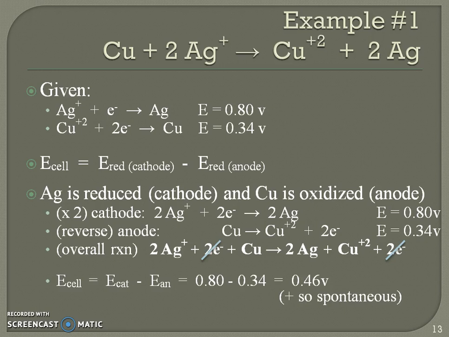So we need to do cathode minus anode. So 0.8 minus 0.34 gives us a positive 0.46 volts, which means this is going to be a spontaneous reaction if we build a cell in this way. Okay, now just as a reminder, you could always have just made this a negative 0.34 and then of course add them up. It's the same thing, right? 0.8 minus 0.34 would have been the same thing.